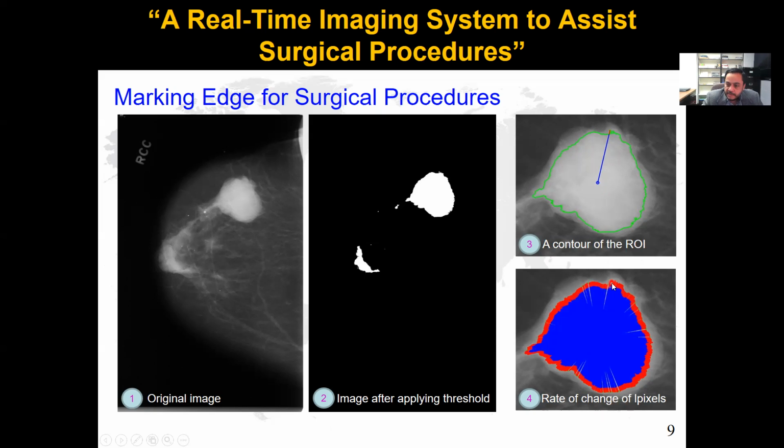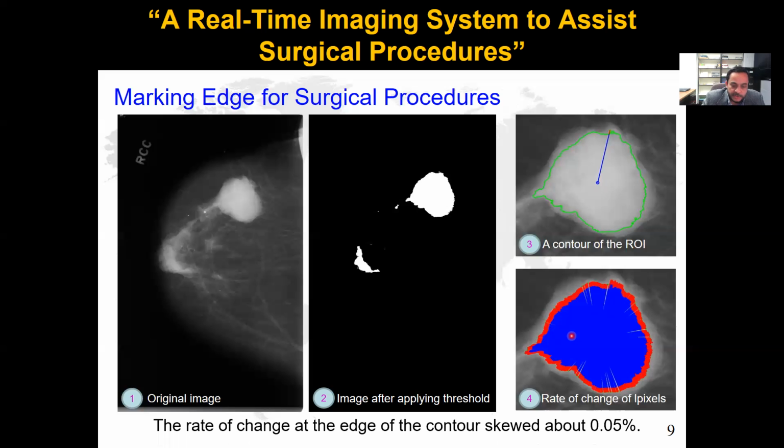But once we hit that edge or boundary line, after that, suddenly that rate of change increases, for an obvious reason, because in this part the cells are infected and outside cells are good. So that helps to identify the area or boundary or edge where surgical procedures need to be conducted.